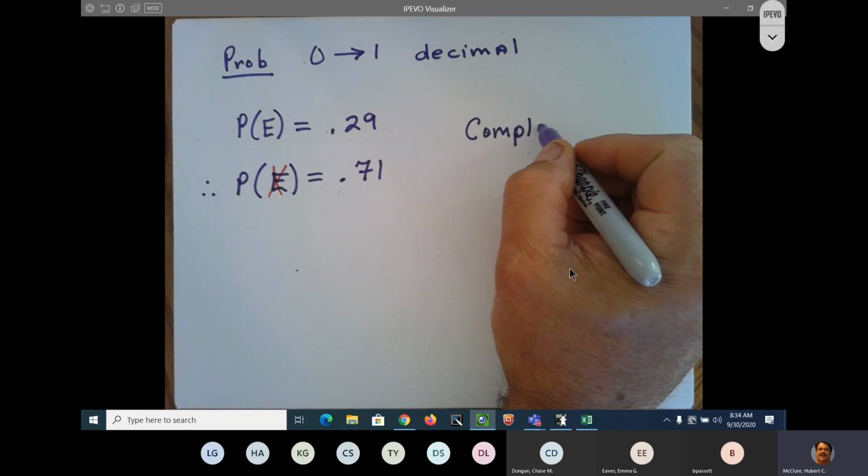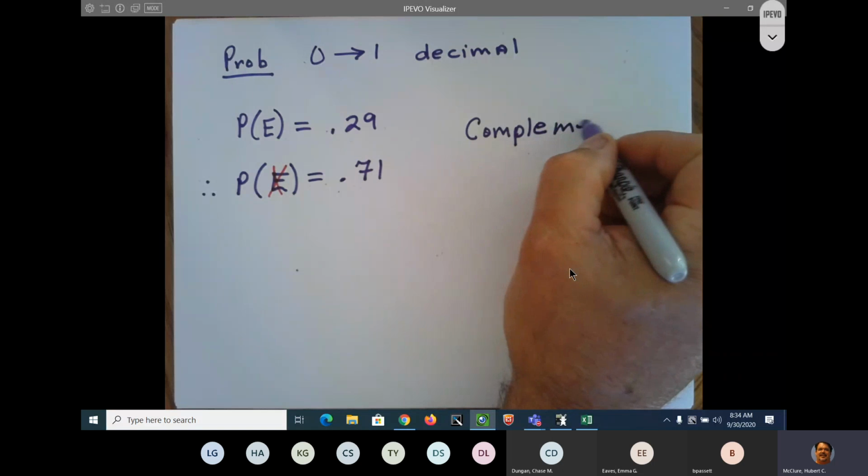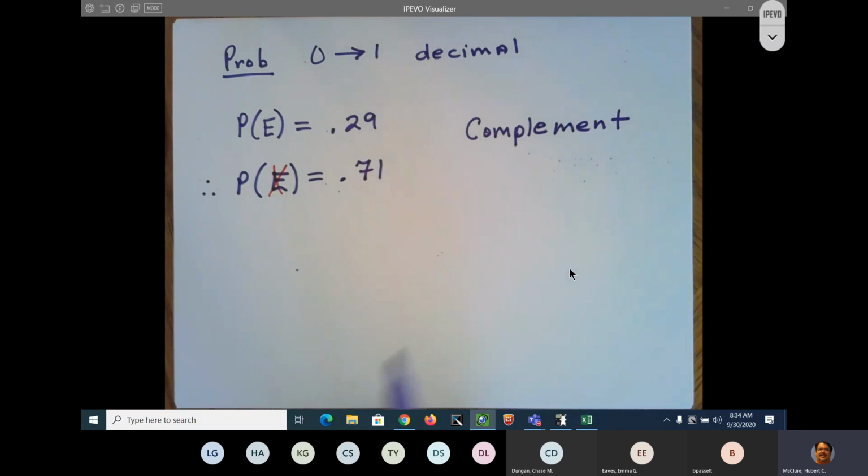The complement makes up the whole. So as I told you, the probability of an event is from 0 to 1. So 0 to $1. If you got 29 cents, what's the change to $1 of 29 cents? 71 cents. And that's all the complement is.